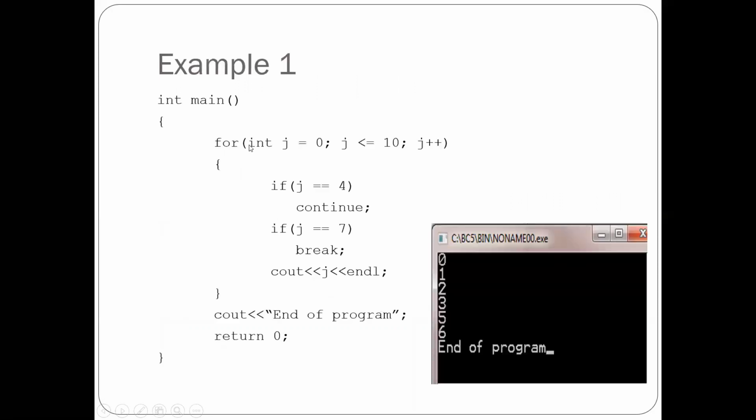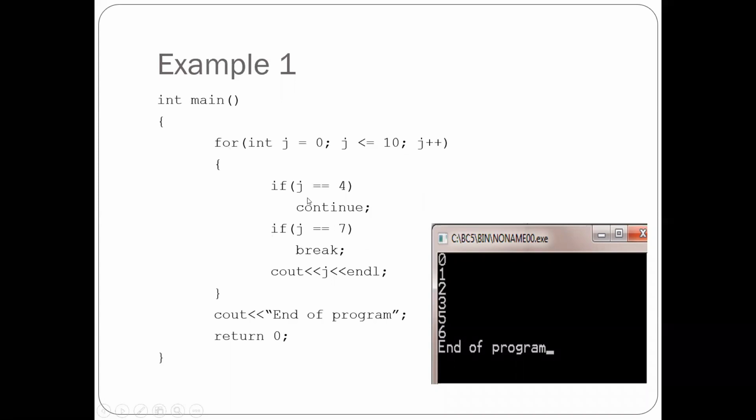So for example like this. Okay, so dekat sini dia menggunakan counter control loop, di mana dia akan repeat sebanyak 10 kali. Okay, so dia nak stop sampai yang ke-7. Macam mana waktu dia nak stop? Nampak tak ni? If J sama dengan 7, maksudnya sampai pusingan ke-7 dah enough.